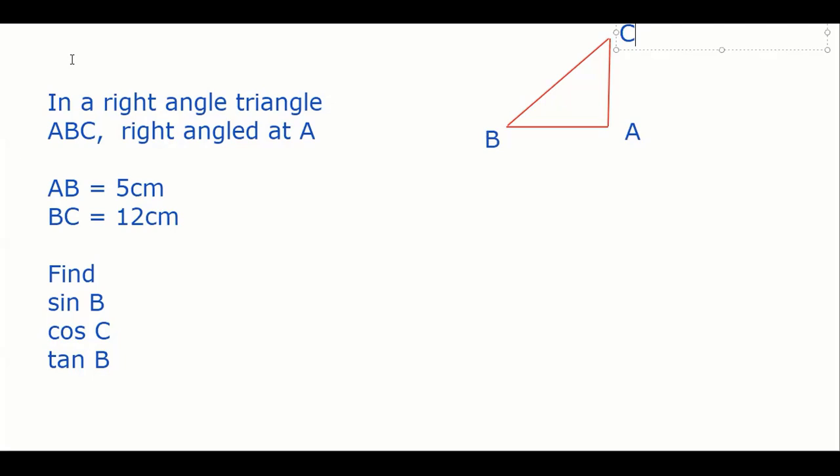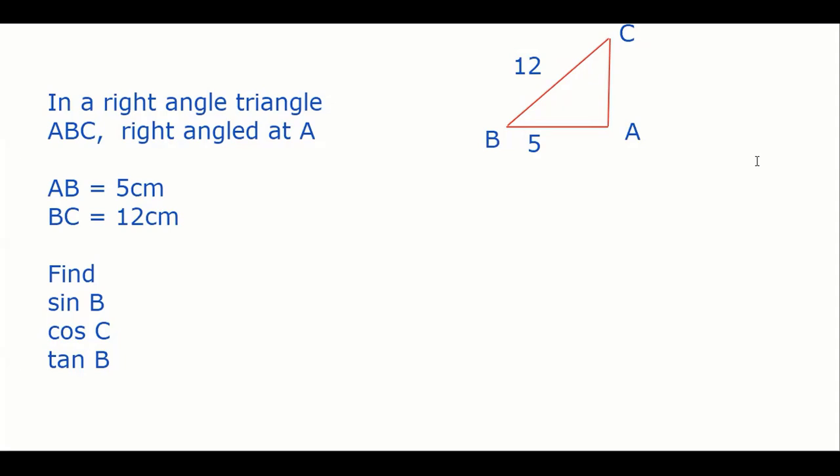It says AB is 5, this is 5. BC is 12. Then what is AC?